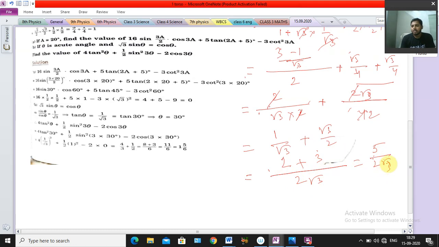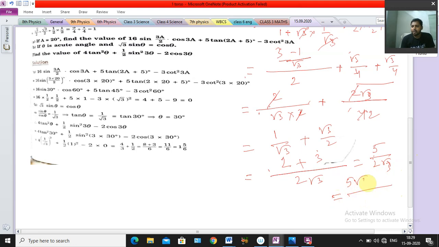But one thing, see, in the denominator we are getting root 3. In the denominator a root won't be there. In the numerator it can come, but in the denominator a root won't come. So what to do, sir?